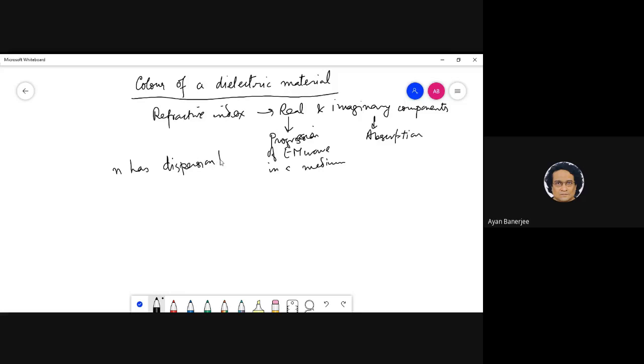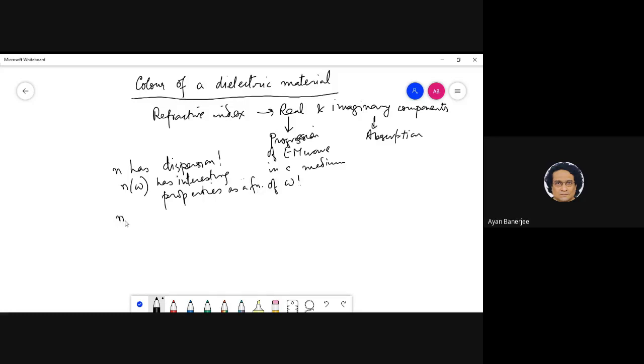Which means n(omega) has interesting properties as a function of omega, right?